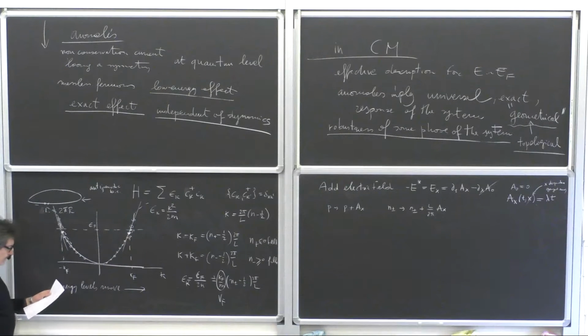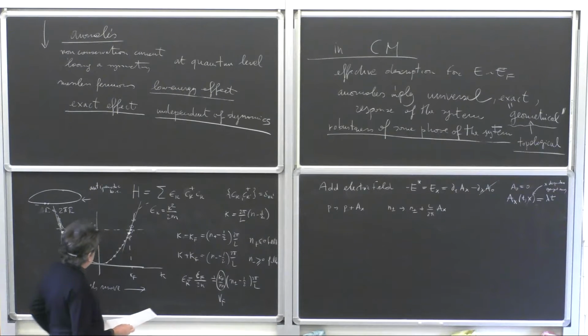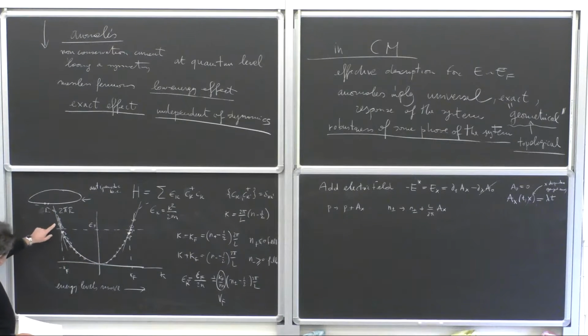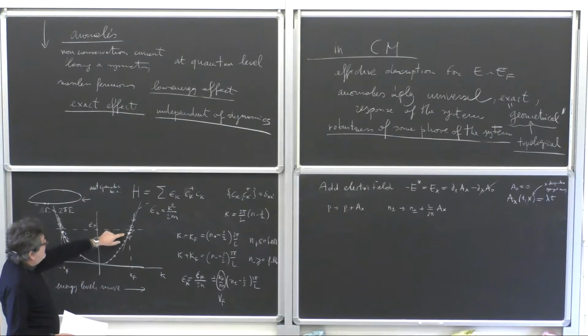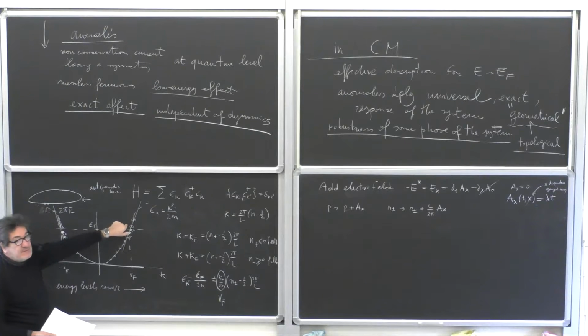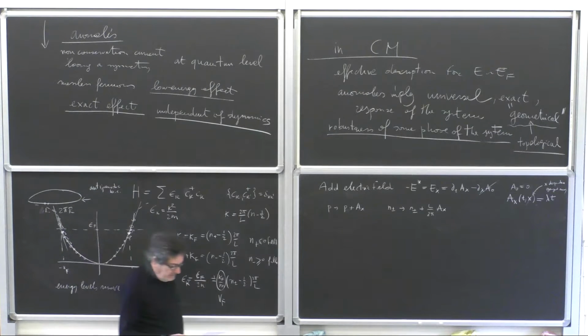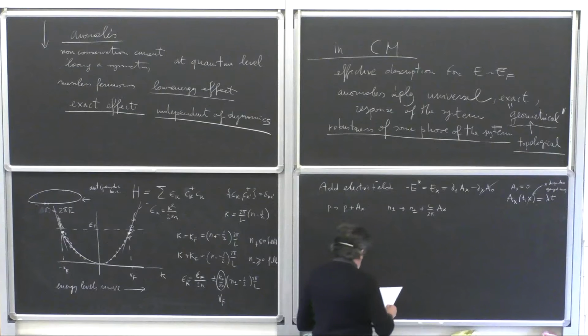And what is the net effect? The net effect is that on this side, an empty state, for example, will go below the Fermi surface after a certain time. Here, an electron will go up above the Fermi surface.